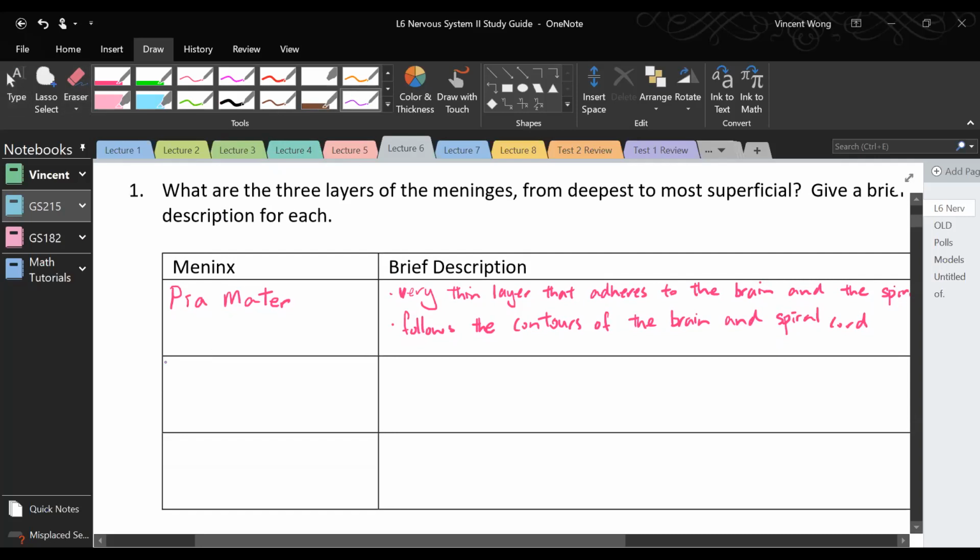Okay, outside of pia mater, it is going to be, that's right, Safi, the arachnoid mater. Arachnoid means spider web appearance. So arachnoid mater has a spider web like structure.